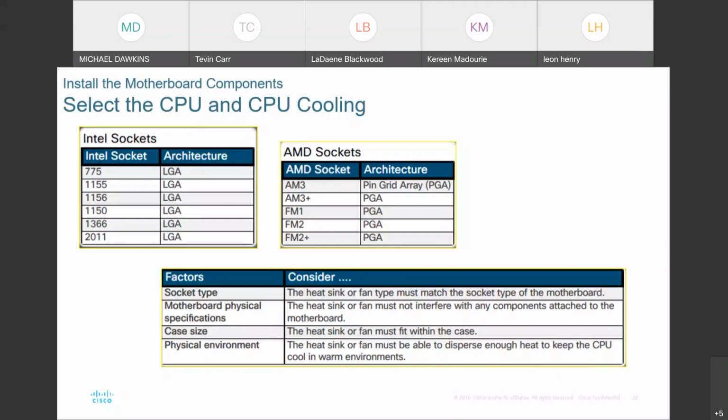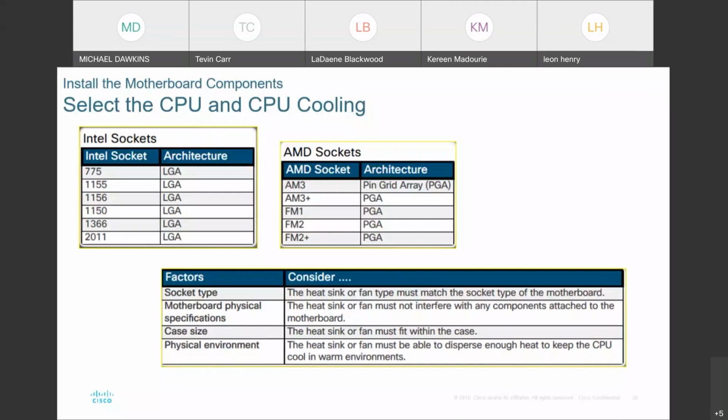So you have the older socket, which is the 775, and we have the 1155, 1156, 1150. Those are currently on the market. We have 1366 and we have the 2011. Those are more server grade. The 2011 and 1366 are more server grade motherboards and CPUs.